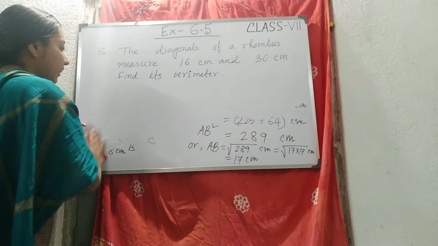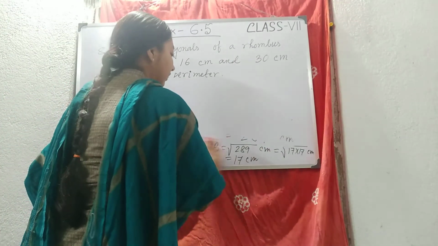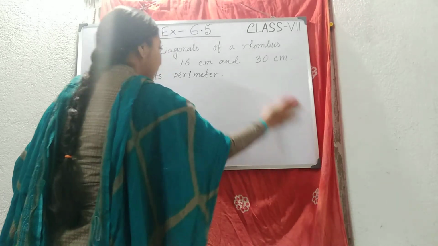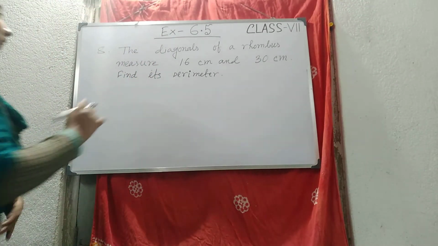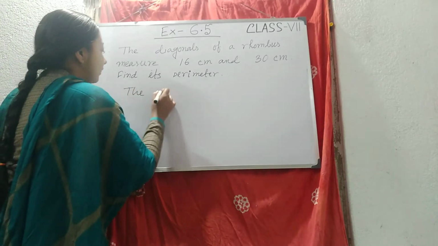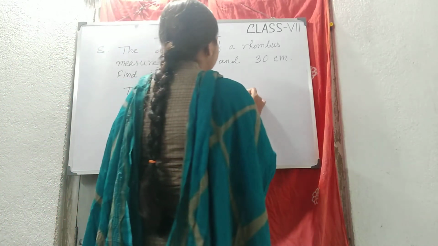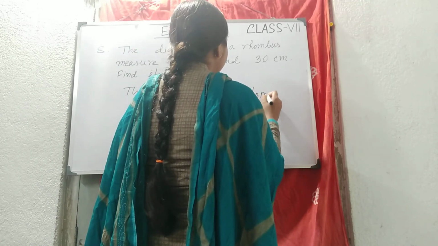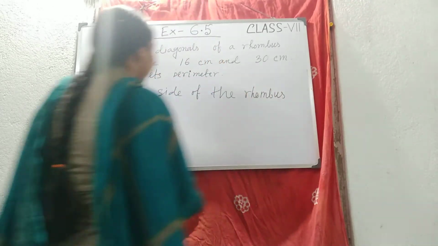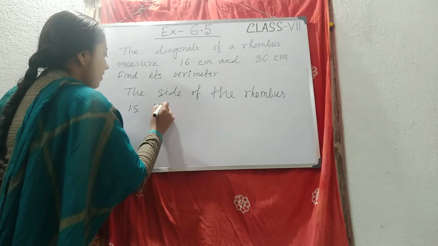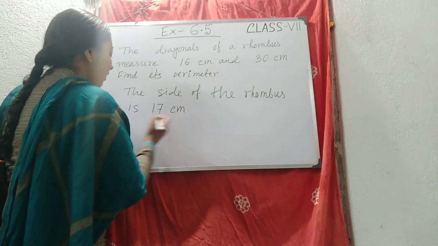Now we have to find its perimeter. So we have got the side of the rhombus is 17 centimeter.